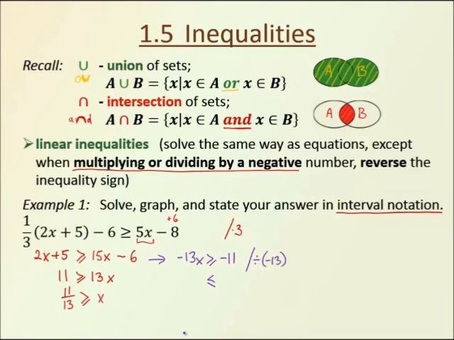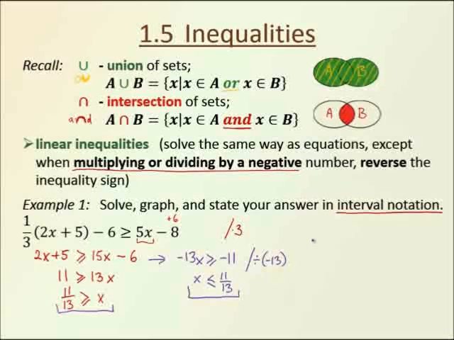So the inequality will be like that. -11 over -13 is still 11/13, and as you see, the answer is exactly the same as before, however it's written from a different end. Here you read this from the left to the right, x is smaller or equal than 11/13. Over there you read the inequality from the right to the left, and again x is smaller or equal 11/13.